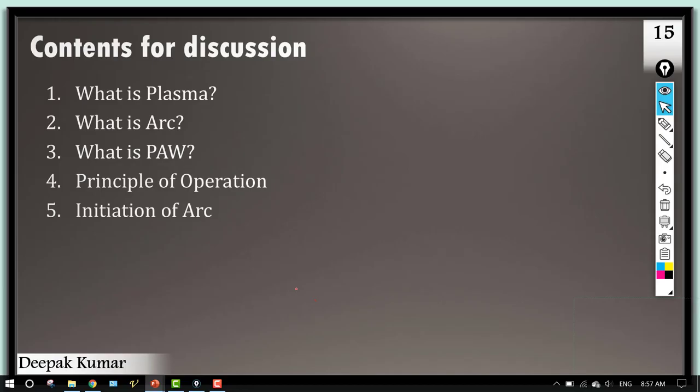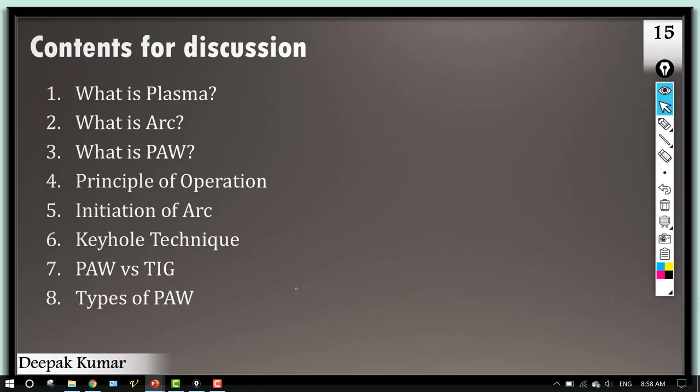How the arc is initiated in plasma arc welding. Is it similar to tungsten inert gas welding or is it different? Then which technique is used in plasma arc welding? What is the difference between plasma arc welding and tungsten inert gas welding? Then what are the different types of plasma arc welding?